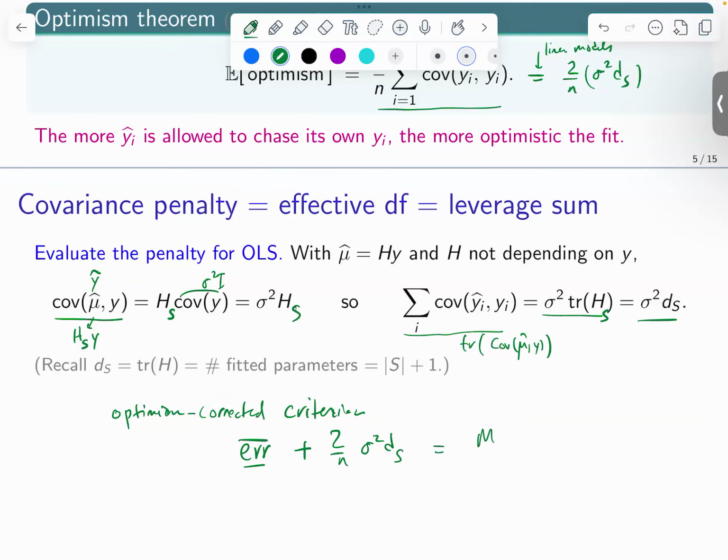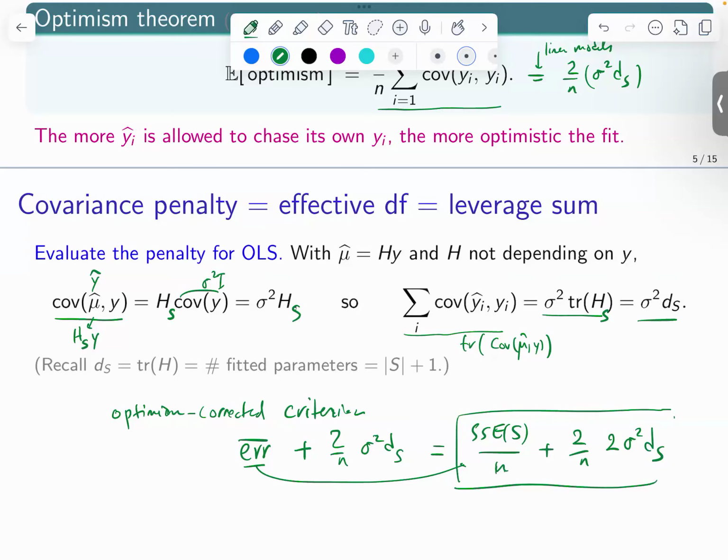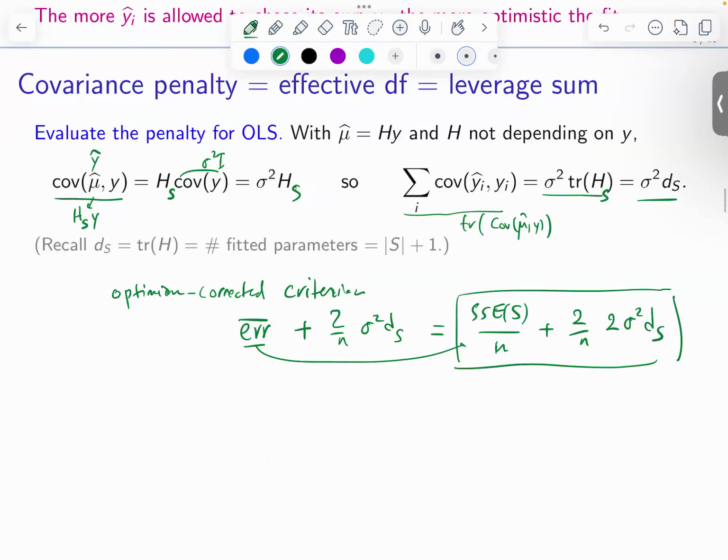So this would be SSE divided by n plus 2 over n sigma squared ds. Now this is a quantity that I can calculate easily, assuming that I know sigma squared, but I can estimate sigma squared. And then I can minimize over s. Does that make sense?